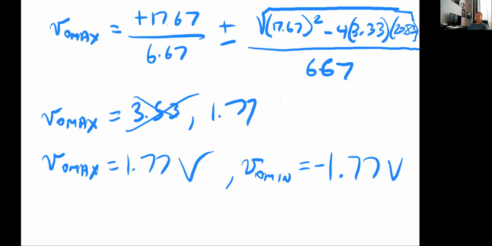Okay, so the closer I get to the rails, the more efficient the circuit is. So you can see that from a linearity perspective, the efficiency is not 100%, and it shouldn't be because it's a class AB amplifier. So that concludes problem 1250.